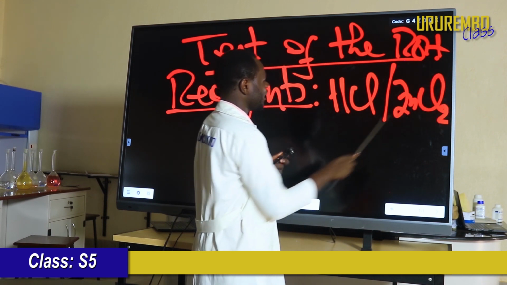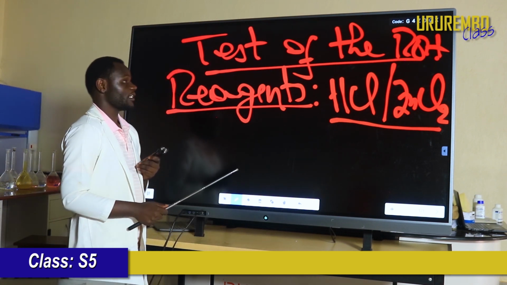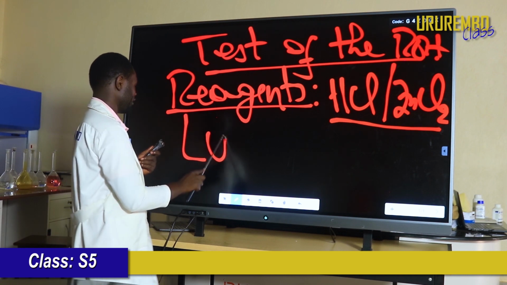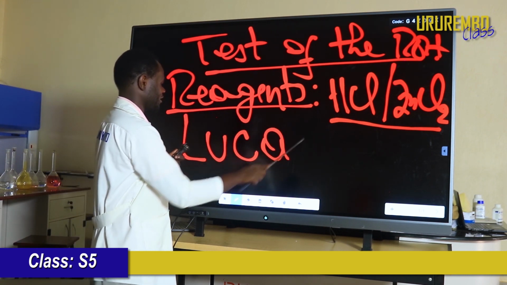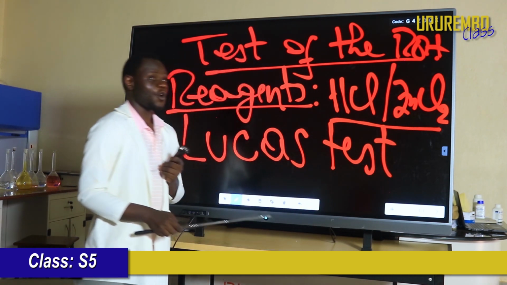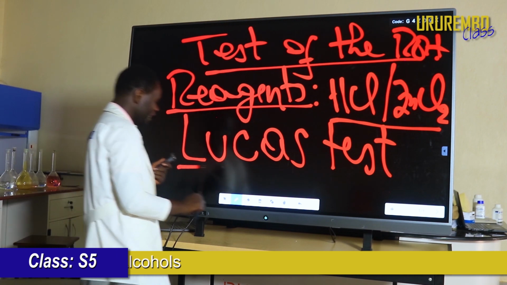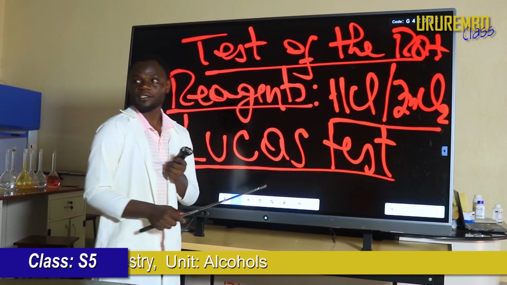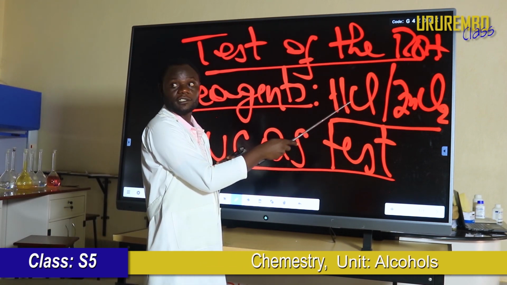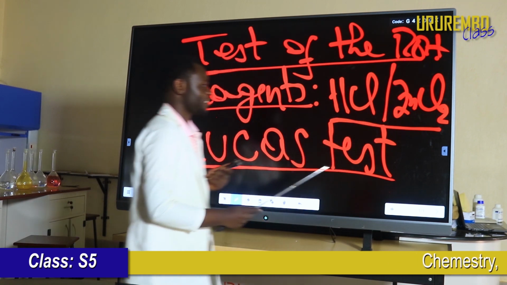When we use those reagents to test alcohol, we talk about the Lucas test. It means that when you test alcohol, we use a test called Lucas. This Lucas test uses hydrogen chloride and zinc chloride.